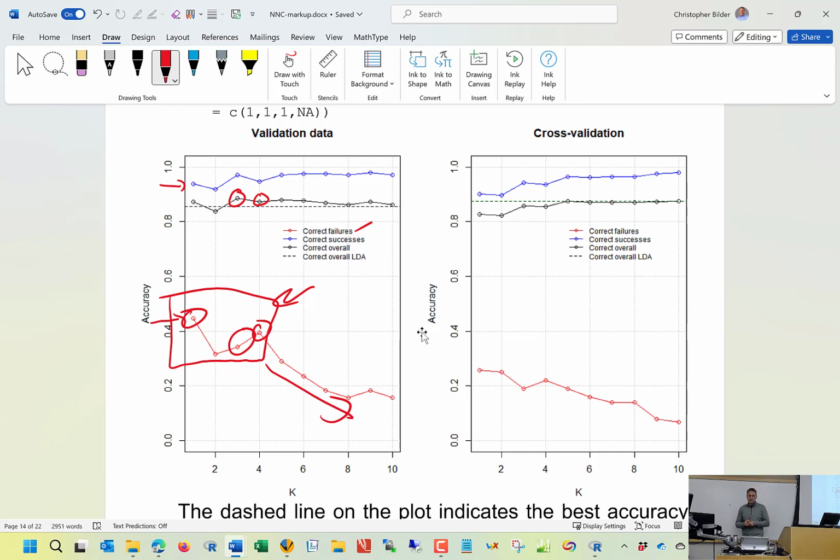And what was your reason for not choosing to put like incorrect failure and incorrect successful in this graph for choosing k? Could you repeat your question, please? What was your reason? Because you only added the correct prediction in the graph to choose k, what number of k you want to choose. Why you didn't put like incorrect prediction? Oh, okay.